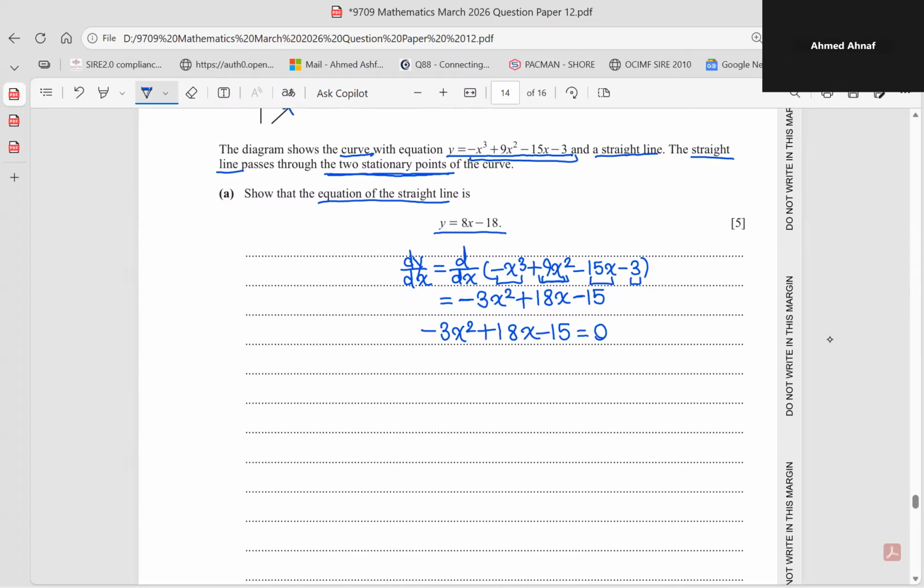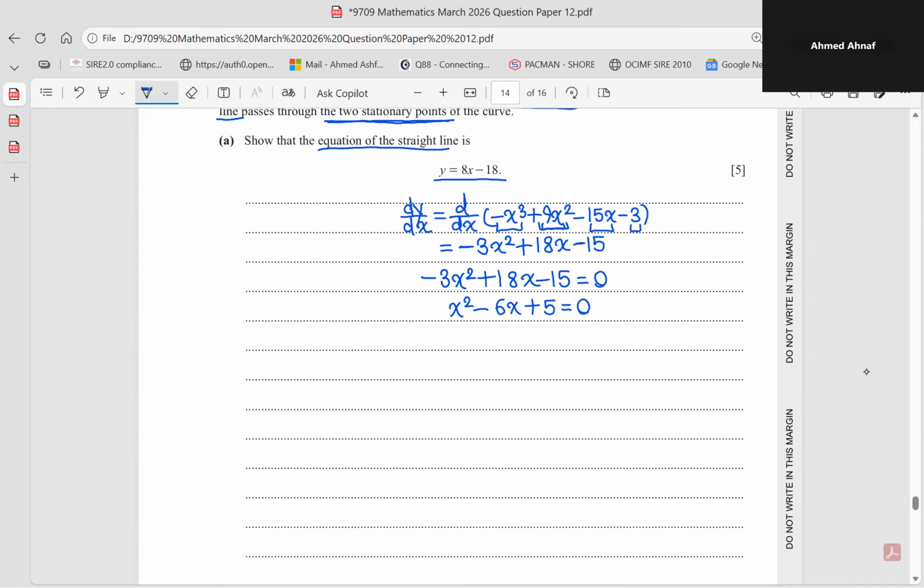Okay, so I realized that all the coefficients are actually multiples of 3. So I'm going to divide both sides of the equation by -3. So you will get x squared minus 6x plus 5 equals 0.